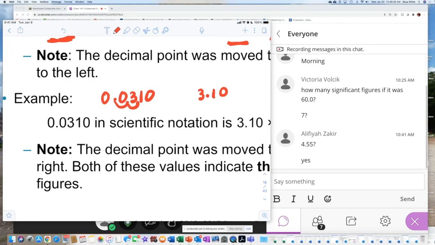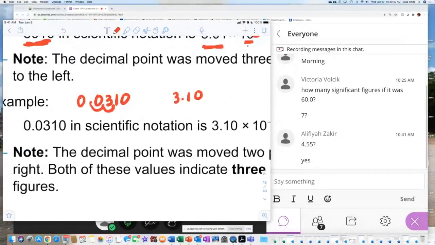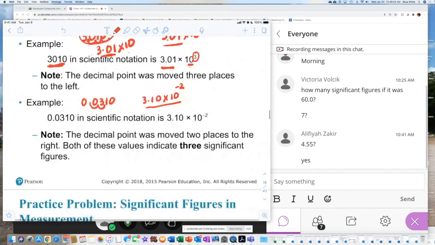It can be equal to 1, but it cannot be equal to 10. So this is the number I get when I move the decimal twice. That means times 10 to the negative 2, because I moved 2 spots to the right. And this is my final answer. Once again, if you're not sure, plug this number in your calculator, press equal, and it will give you the original number to tell you that you wrote the sign correctly.